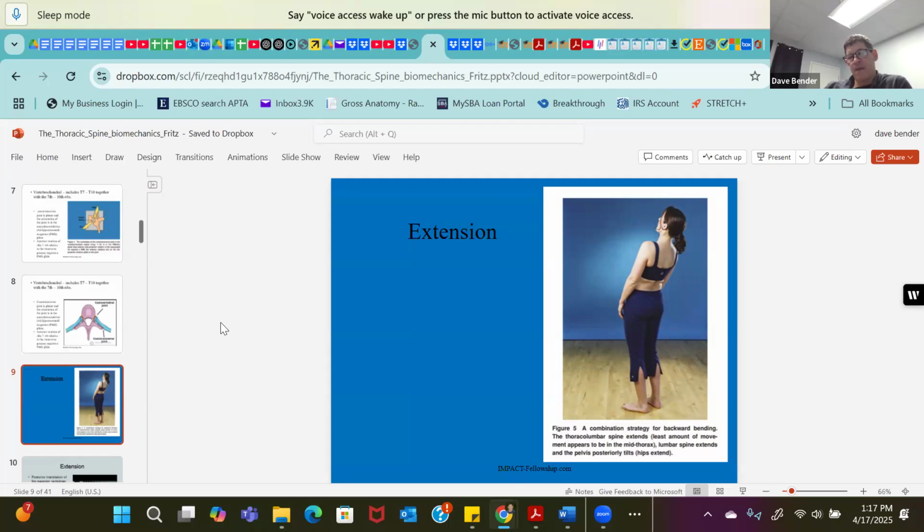It's not going to be a lot, but if we can get some more extension initiated from that region, we can often take stress off those areas. But in the typical extension, we have that anterior translation of the hips, posterior tilting of the pelvis, the thoracolumbar junction will extend, as well as some extension from the upper thoracic spine. But again, it's a very limited amount of contribution.